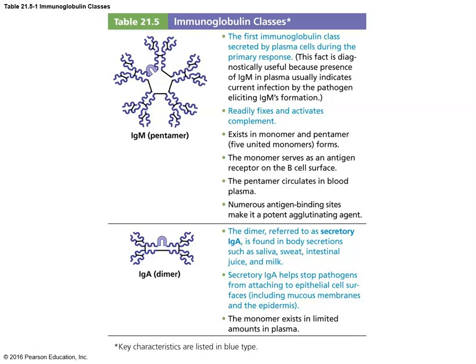IgA is found in secretions of the body: saliva, sweat, breast milk, things like that. So IgA is one of those that would be transmitted from the mama to the baby in the breast milk. And here's what it does that's so wonderful for the baby: IgA prevents pathogens from attaching to surfaces.